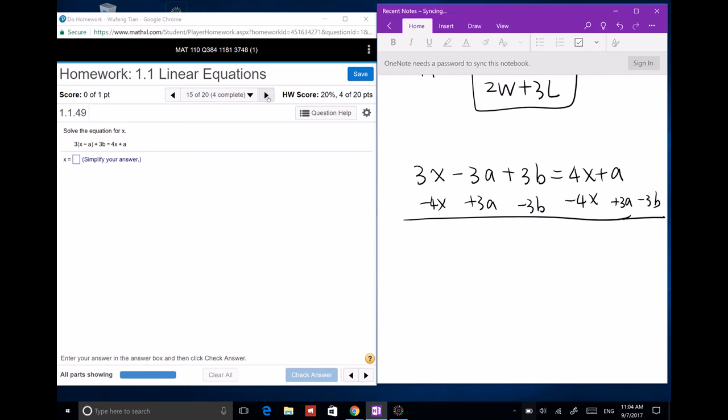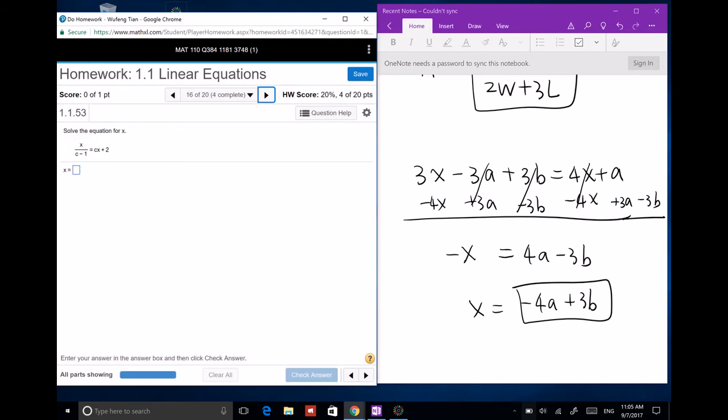The reason I want to keep all the x on the left side is to keep all the other terms on the right side. 3x minus 4x is negative x, the rest cancels, and on the right a plus 3a is 4a, minus 3b. So x equals negative 4a plus 3b.